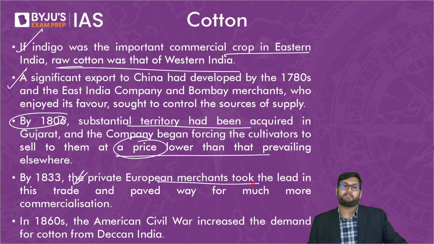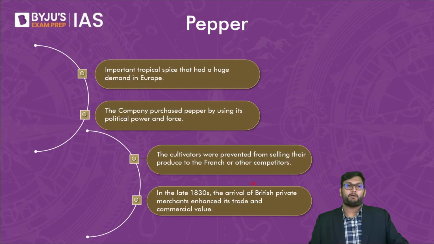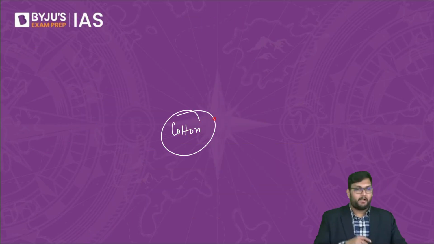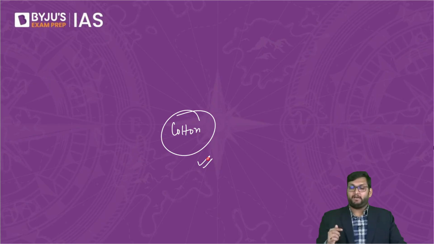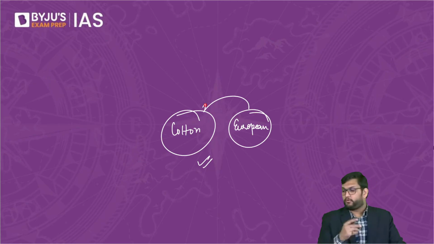So when we talk about cotton, before we go to paper, cotton has always been a very important crop in India. But see, the way the British exploit you is not by cotton, it is by making you sell it at a very low price. So basically, cotton could be produced as a very good crop. However, the Europeans would give a very meager amount to you for it.